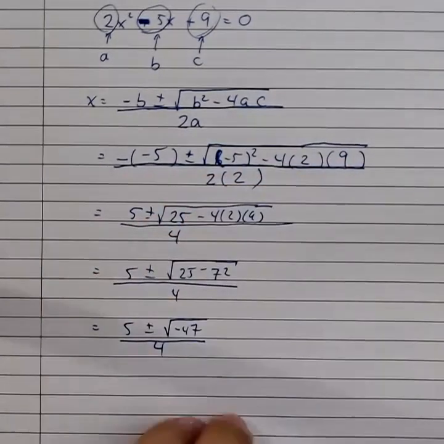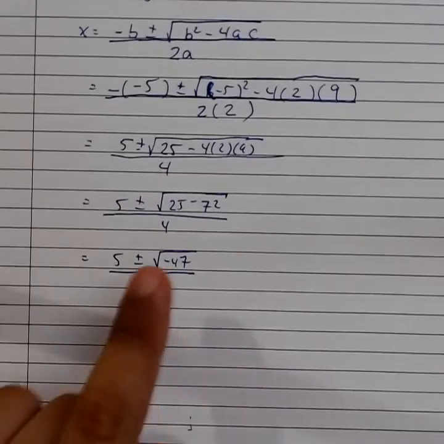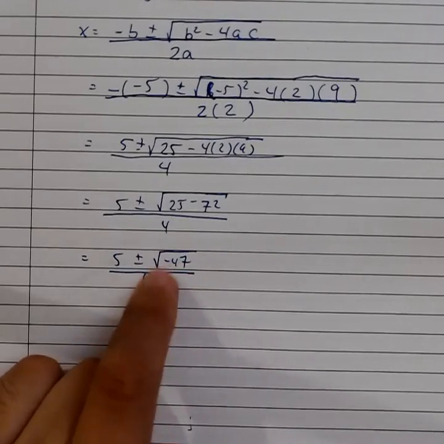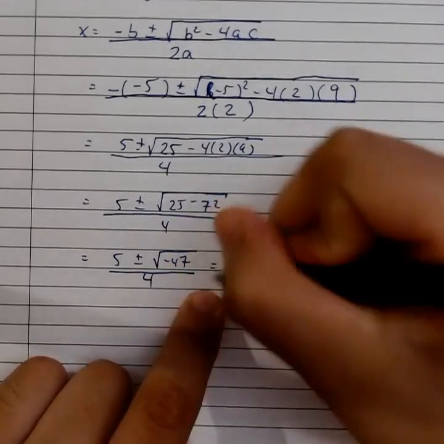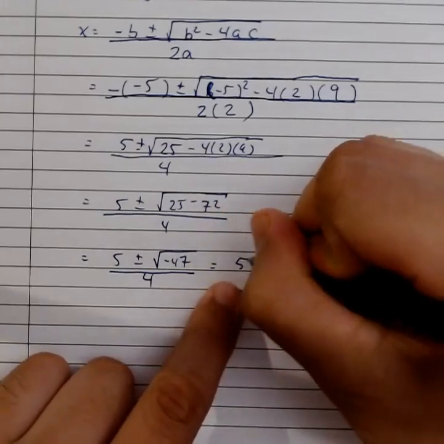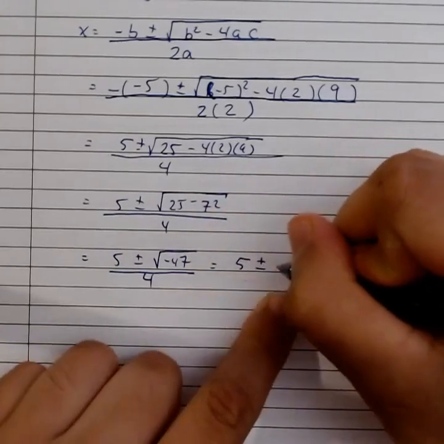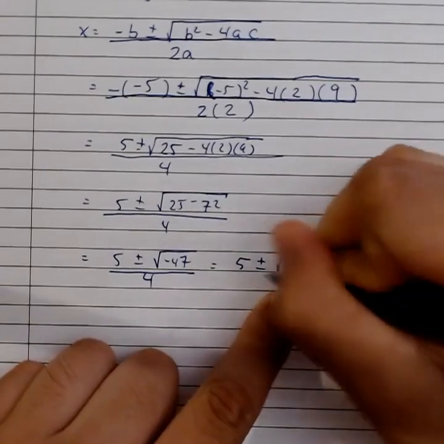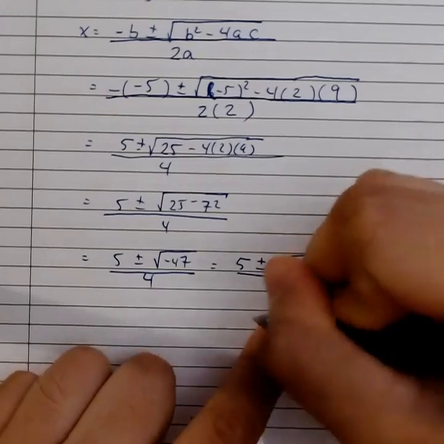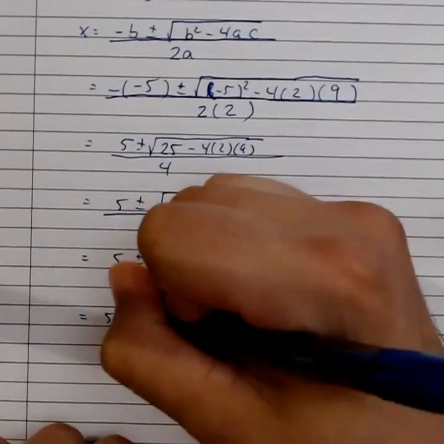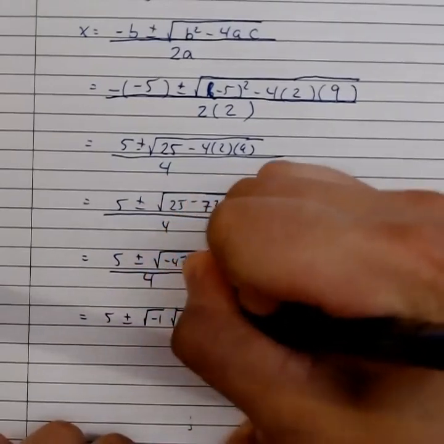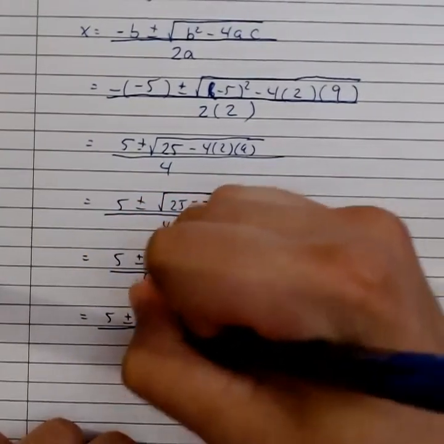Okay, let's see, negative 47. Can we factor 47? No, we can't factor 47, but we do have a negative here, so that does mean we're going to have to separate that. That's going to be 5 plus or minus the square root of negative 1 times 47, all over 4, which is the same as saying 5 plus or minus the square root of negative 1 times the square root of 47 over 4.